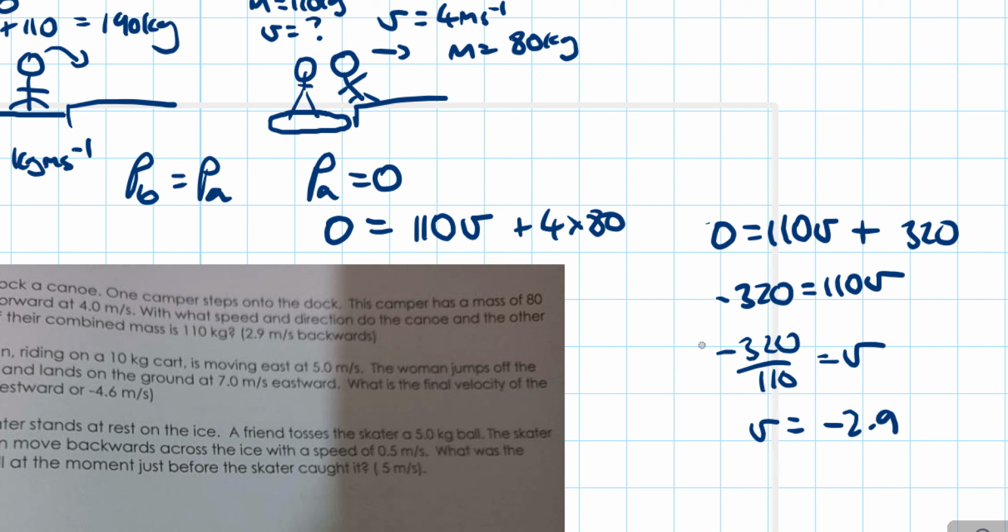It's minus 2.909 to 3 significant figures, but as the speed in the question is given as 4.0, I would just leave it as minus 2.9. That's just saying that the canoe moves in this direction with a velocity of minus 2.9 meters per second, and that's the answer given in the question as well.